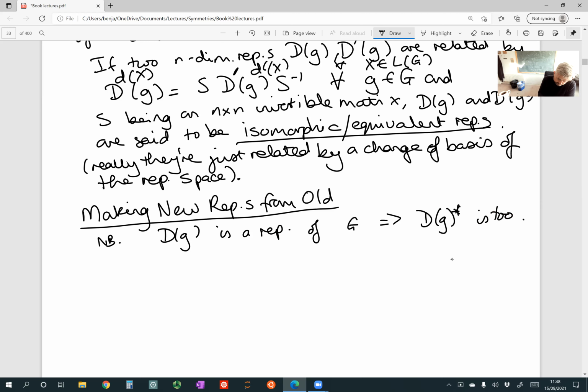And in fact, you can check by complex conjugating the relevant properties of the Lie algebra that its complex conjugate is a representation too, and the complex conjugate is called the conjugate rep.